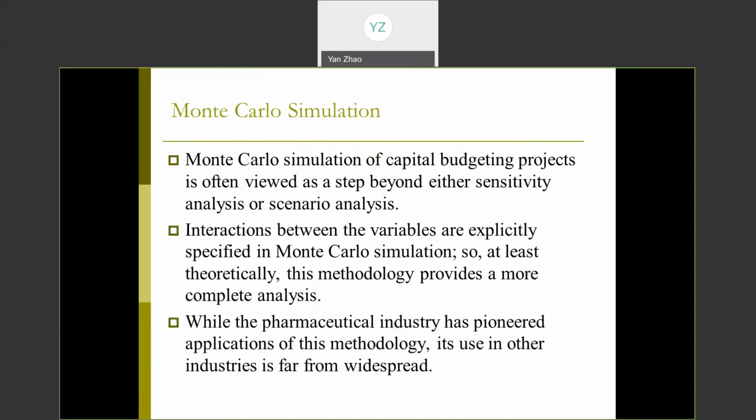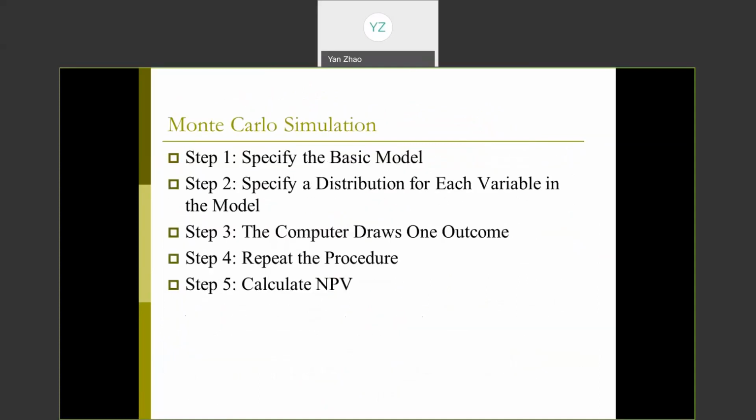So that is the basic idea of the Monte Carlo simulation. So basically, you specify a basic model. Most of the time, we will assume all the variables follow normal distribution. Okay? And you specify a distribution, which is normal distribution for each variable.